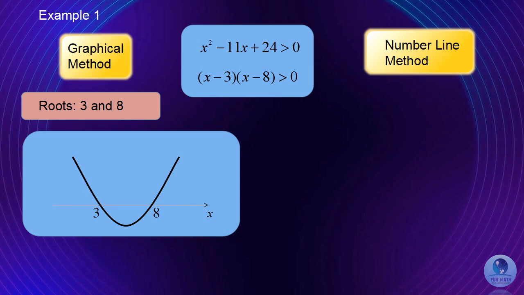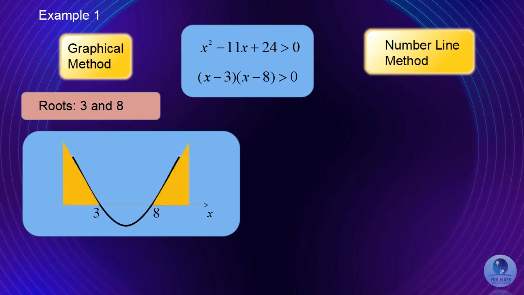a minimum point. Remember, you don't have to sketch a complete graph. You just need to sketch a few important things, which are the shape of this graph, the x-axis, and remember to write down the roots as shown in this diagram. Then you need to look at the question. In this question, the inequality sign is greater than 0.